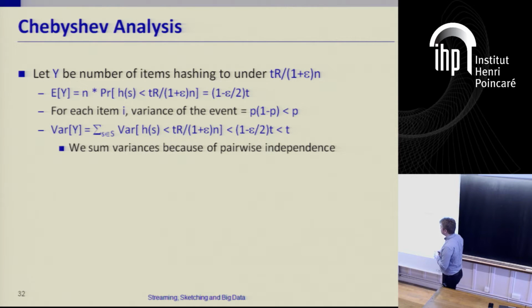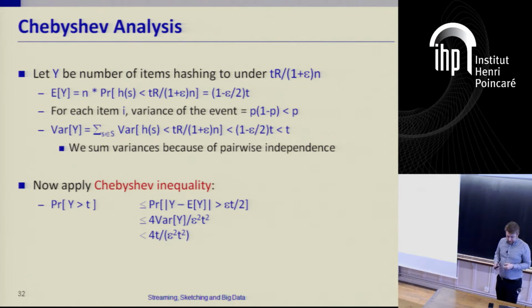All I need is that the variables corresponding to each element being hashed can be treated as pairwise independent, so I can sum the variances. So the variance of the number of elements hashing in this range is bounded by this quantity, 1 minus epsilon over 2t, which in turn is smaller than t. So I'm dealing with a variance that I understand.